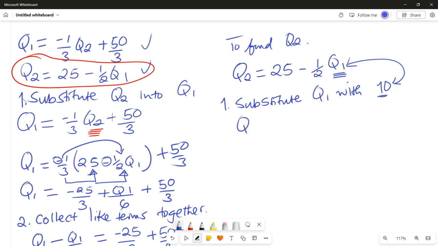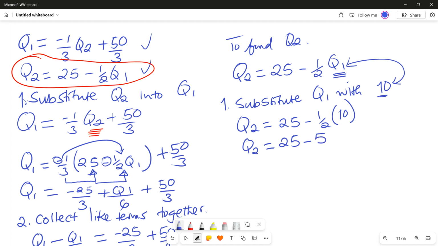So Q2 should be 25 less half, open brackets, 10. Half of 10 is 5.